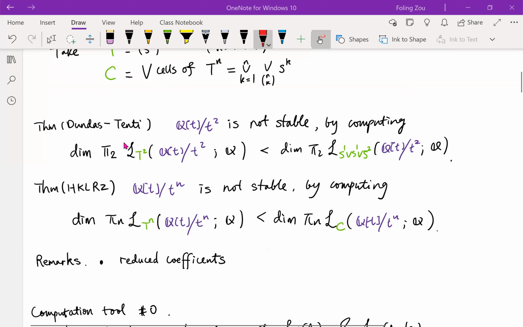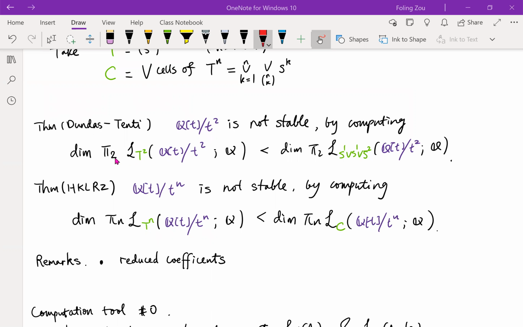And in the paper of Dundas and Hennes, where they raised this question of stability, they also showed that Q[t]/t² is not stable. They showed this by computing the Loday construction of this algebra over the torus and over its cells.